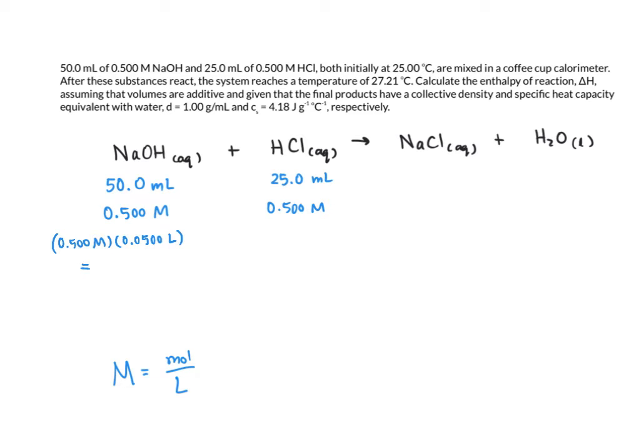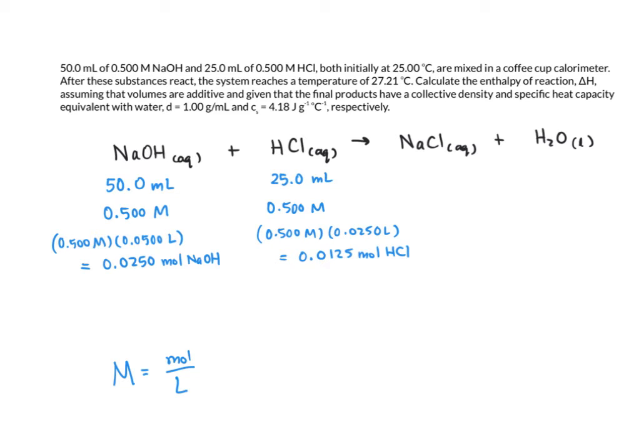Meaning we have got 0.0250 moles worth of NaOH in this reaction. Similarly, for HCl, we can multiply its molar concentration by the corresponding volume in liters, 0.0250, to determine that we've got 0.0125 moles of HCl.